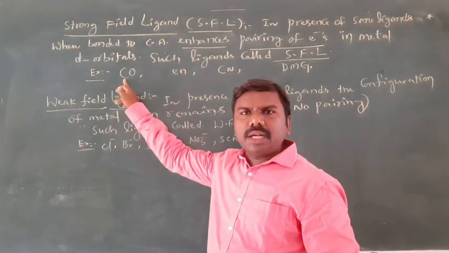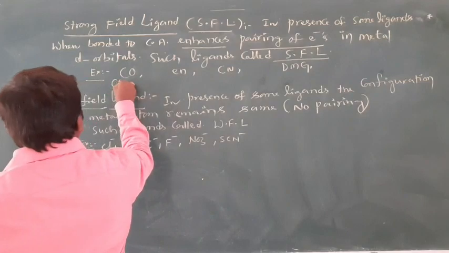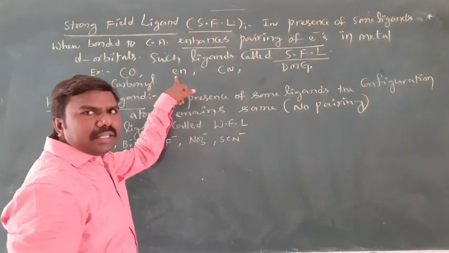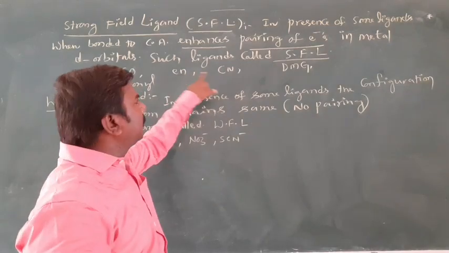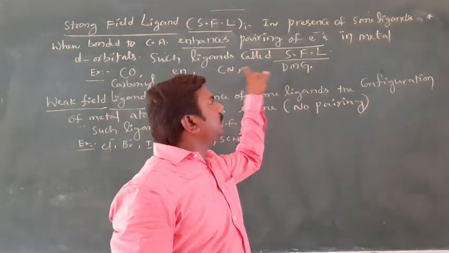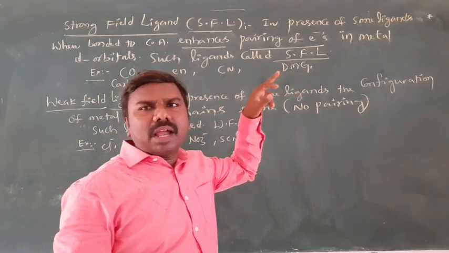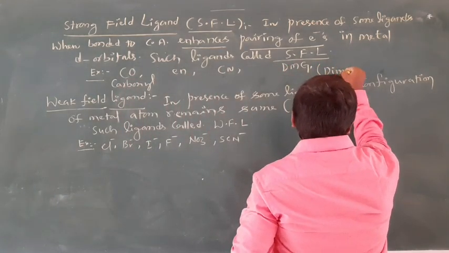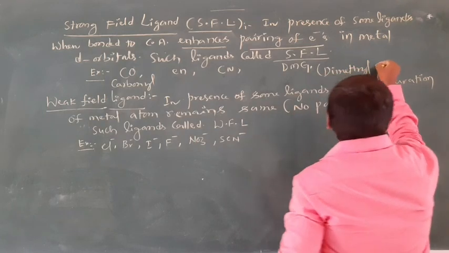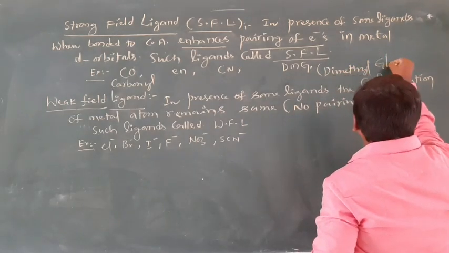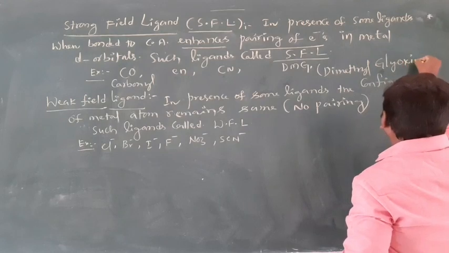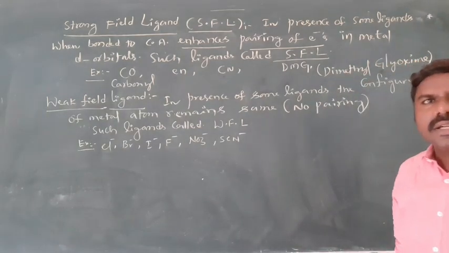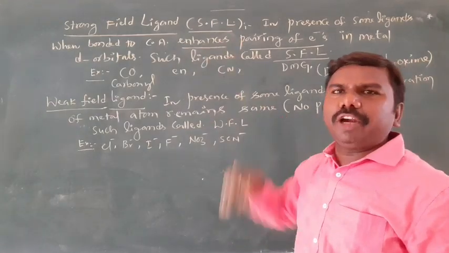Examples are carbonyl group CO, ethylene diamine EN, CN cyanide, DMG dimethyl glyoxime. Such ligands are strong field ligands.